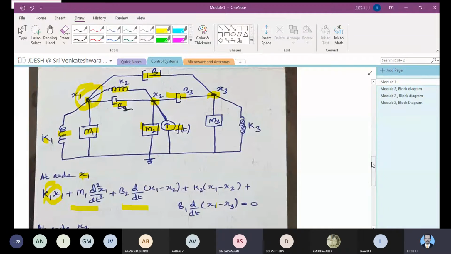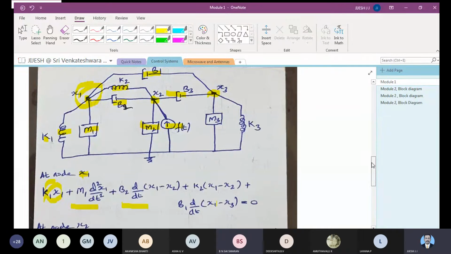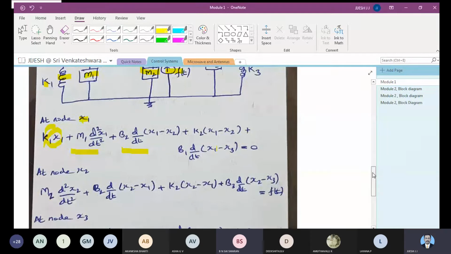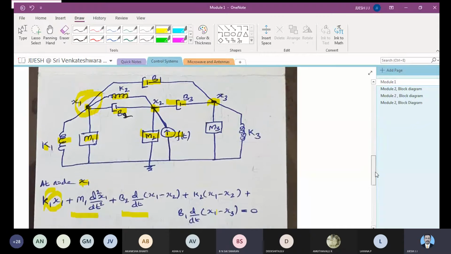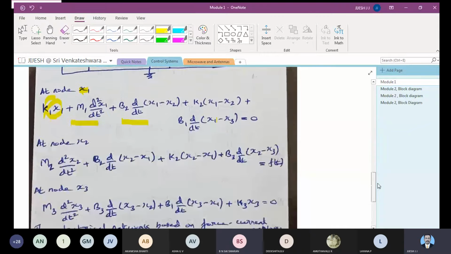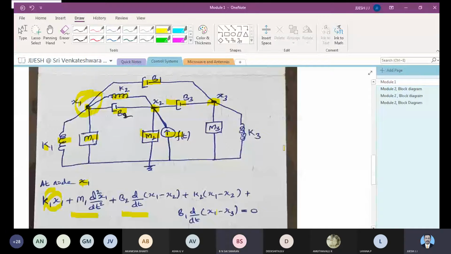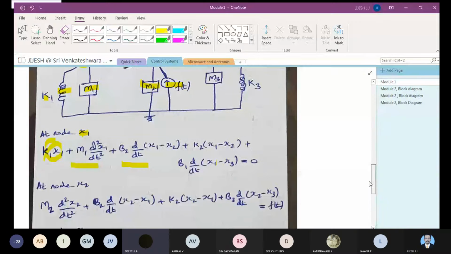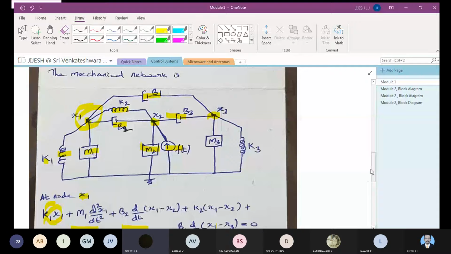One more is there. B1 is there, that is between X1 and X3, no, sir. It is connected to X1 only, right? Yes, sir. That becomes R1. Fine. Now for X2: M2 will become C2, sir.